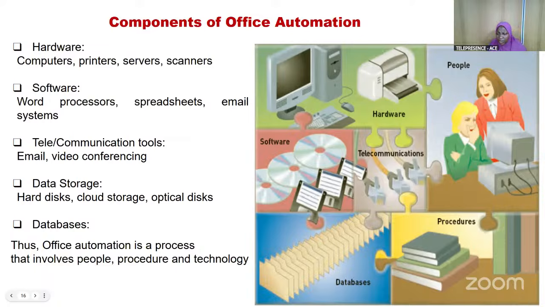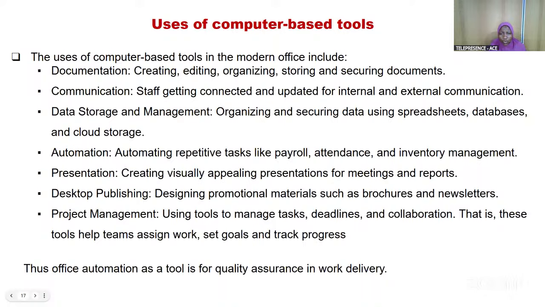And of course, you can store huge amounts of data via the storage devices that are provided within the office automation space. And that is why we say office automation is a process that actually involves people, procedures, as well as the technologies that are bound to convert the traditional office to the 21st century office.